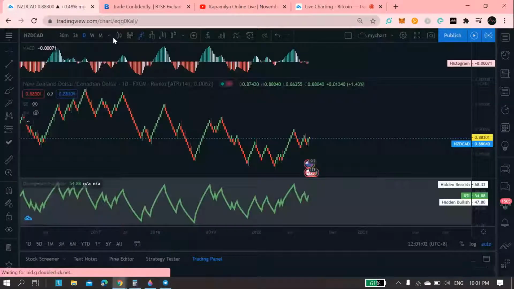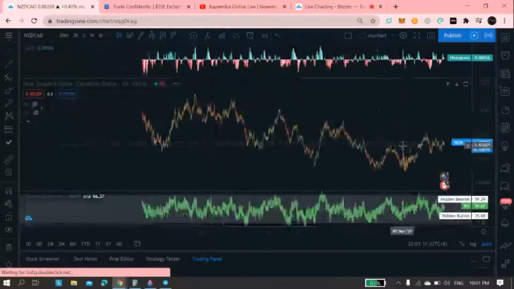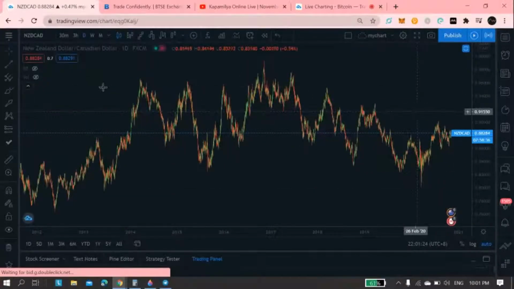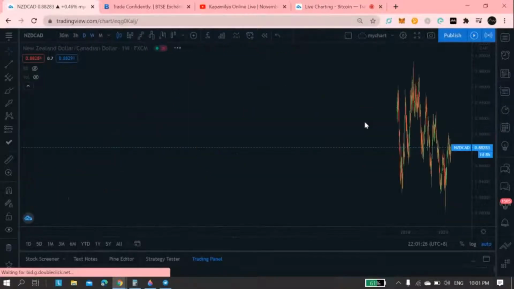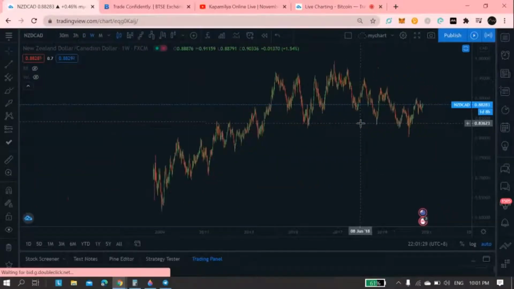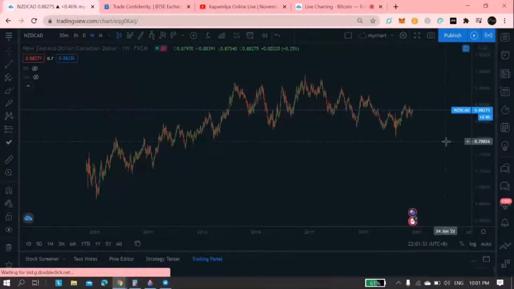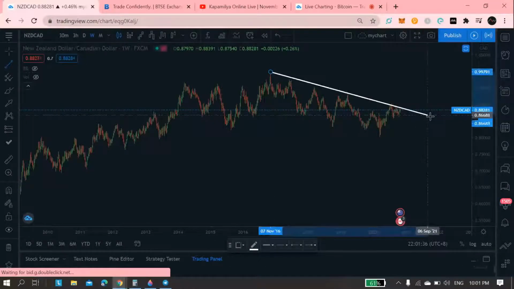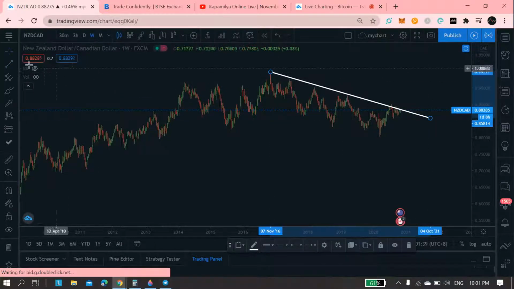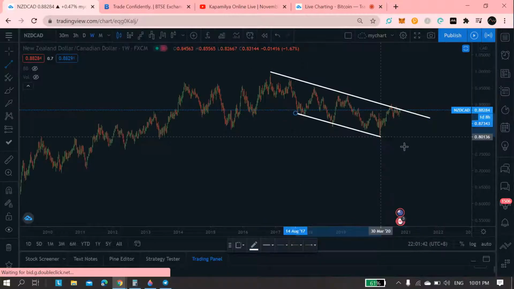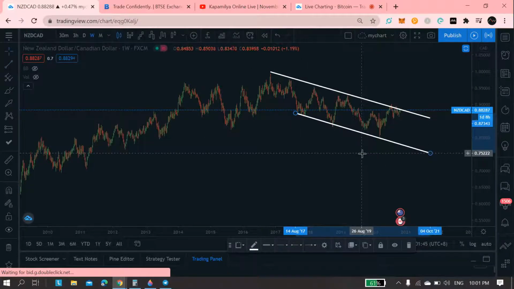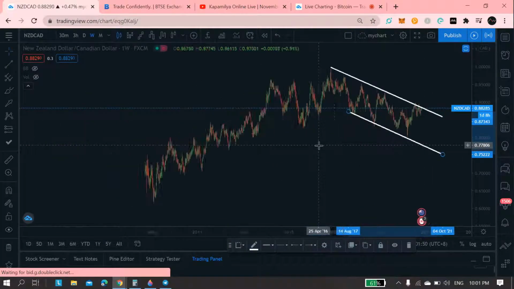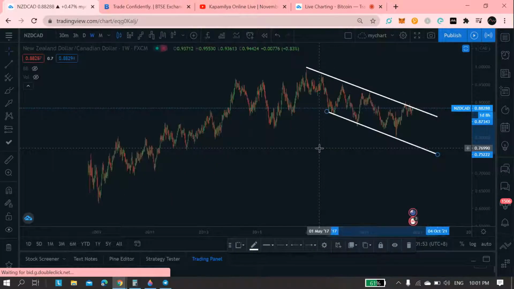The candlestick. This one is the weekly, so that at least I can see the whole trend.